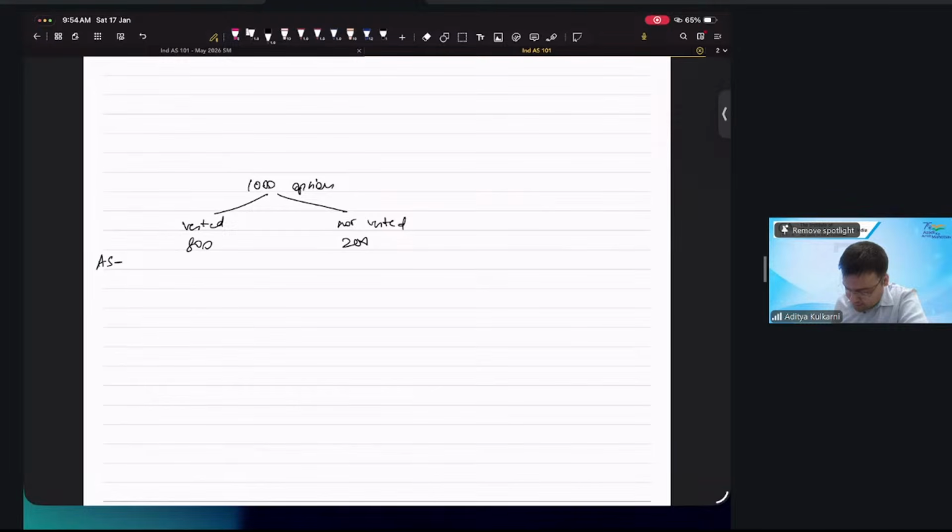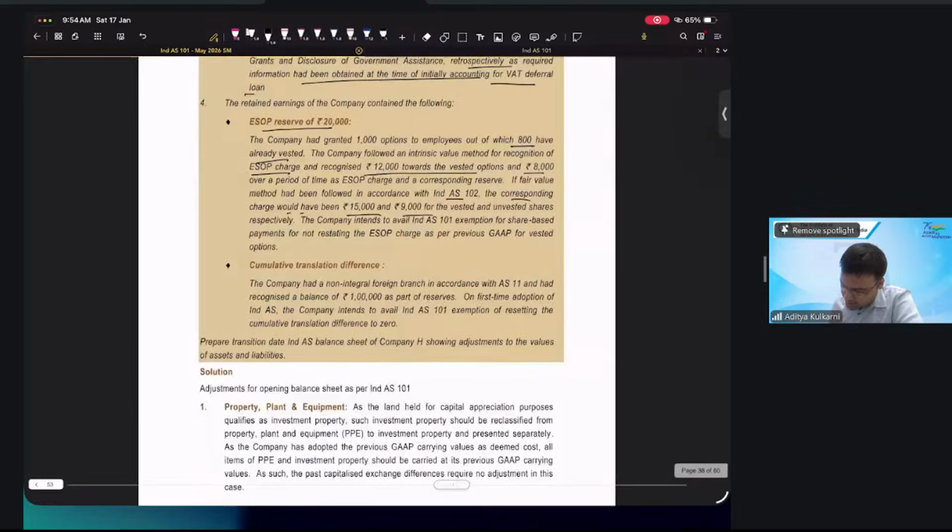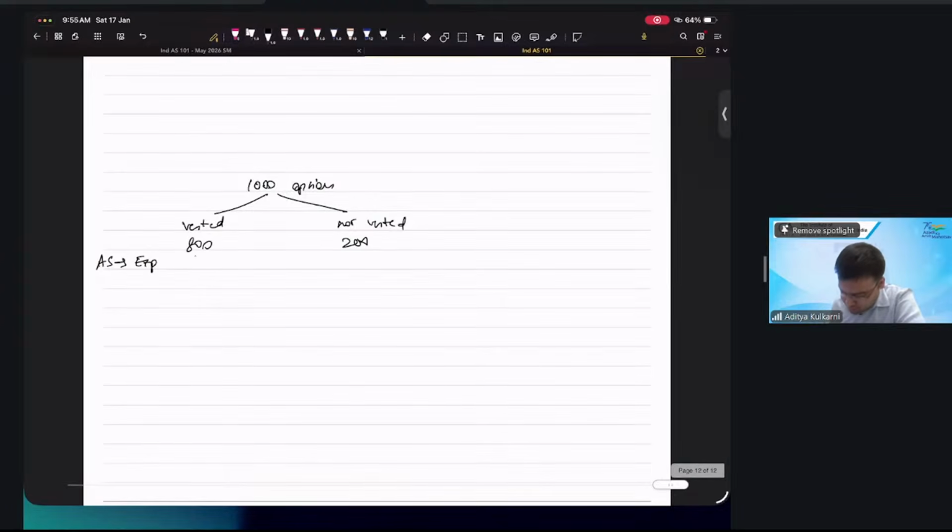Okay, so therefore, under AS, the expense was how much? 12,000 in respect of 800 employees, and 8,000. Expense and corresponding reserve.